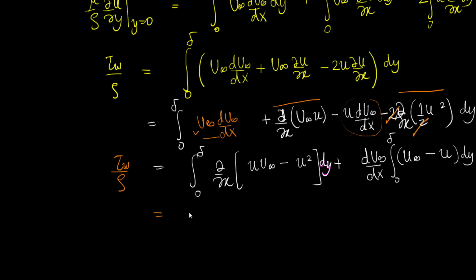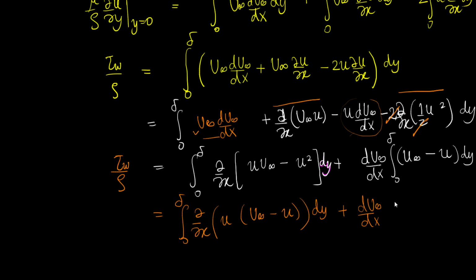This can be simplified to something like this: del x of integral u infinity minus u dy plus du infinity dx integral 0 to delta u infinity minus u dy.